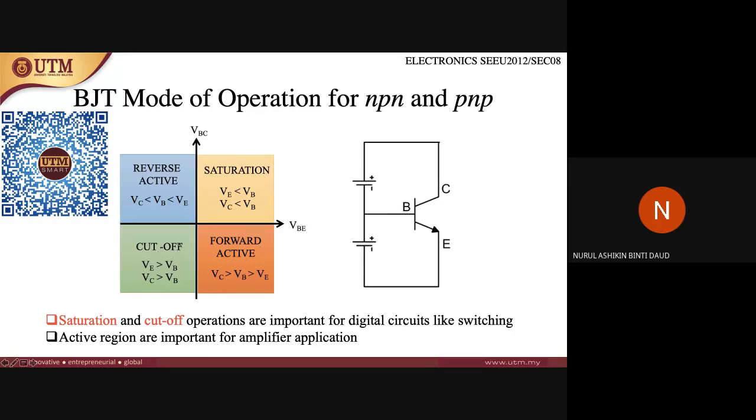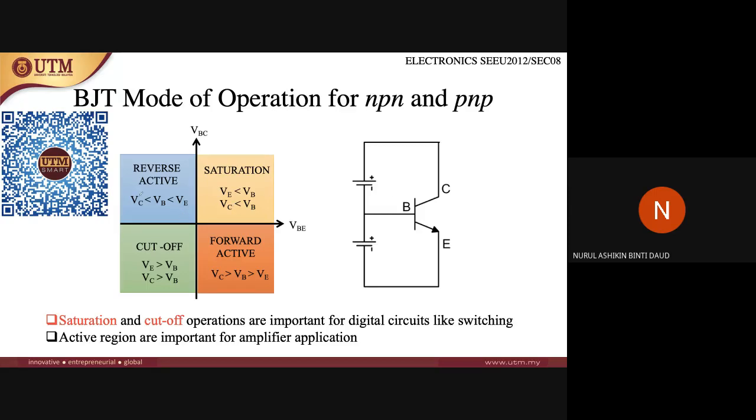So from the graph and circuit, how do you identify what region the transistor is in, in what state it is?